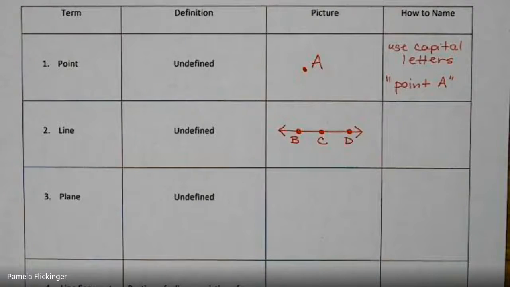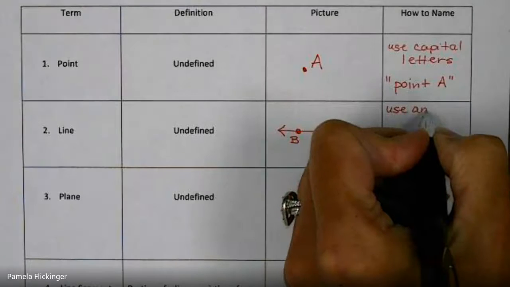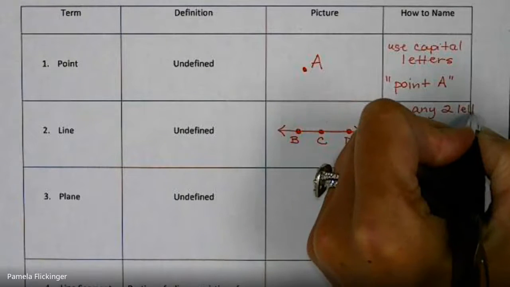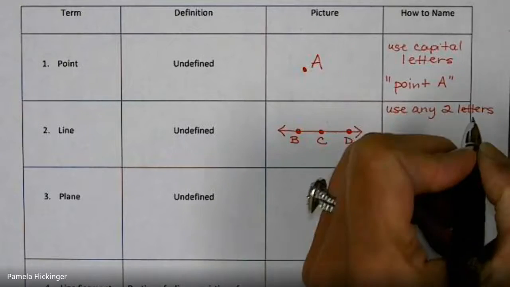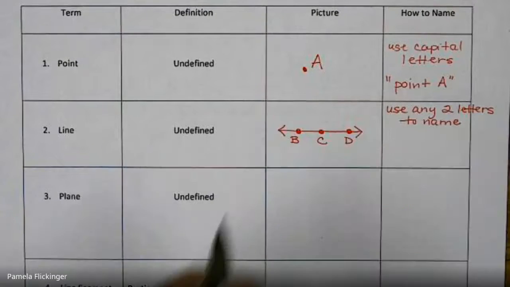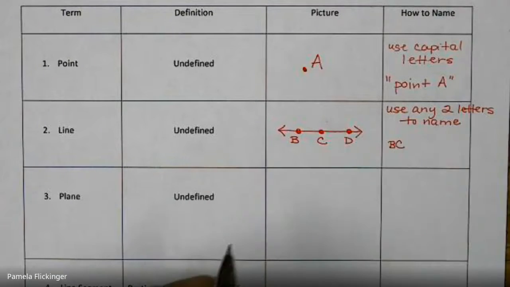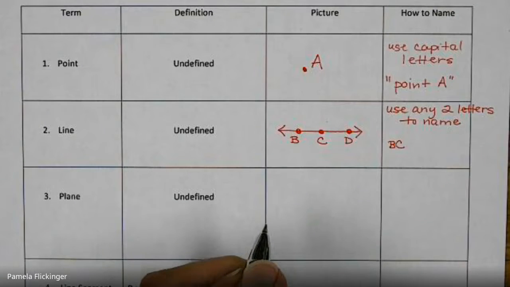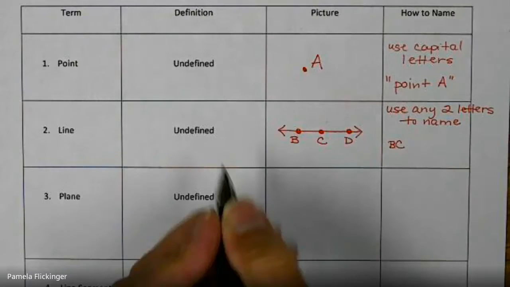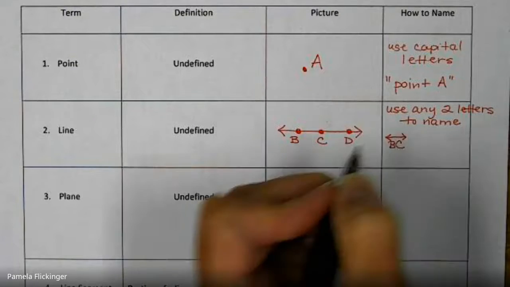And the way that you name a line is you use any 2 letters that you see on that line. All right. Use any 2 letters to name. All right, so I might pick B and C as the 2 letters, but when I look at that, to know that that is a line, I have to put a proper symbol above it. And of course, the proper symbol looks just like a line.